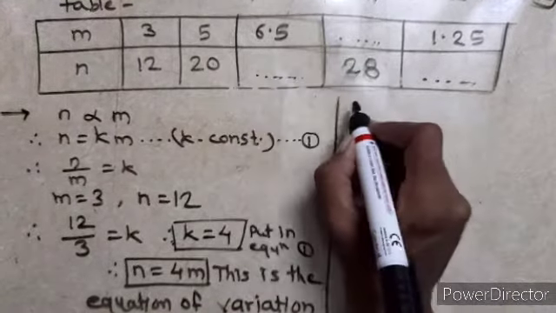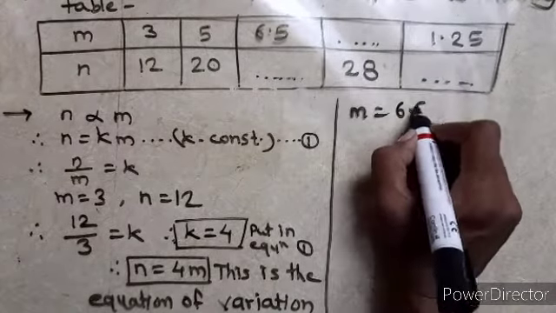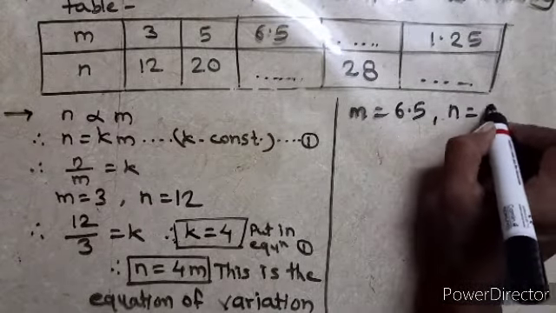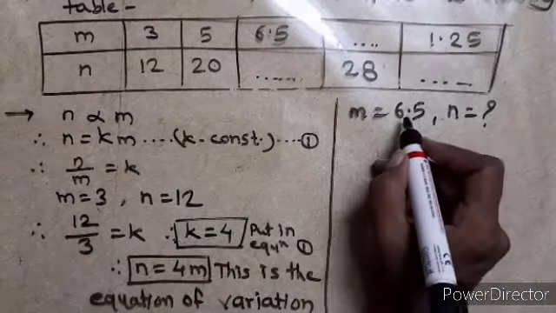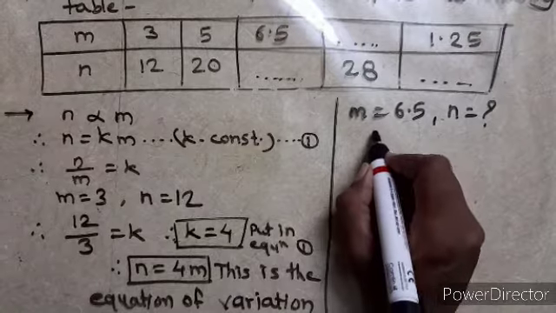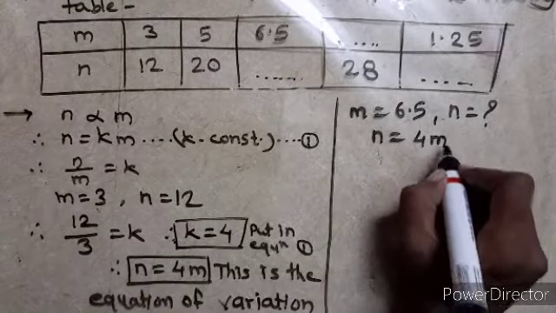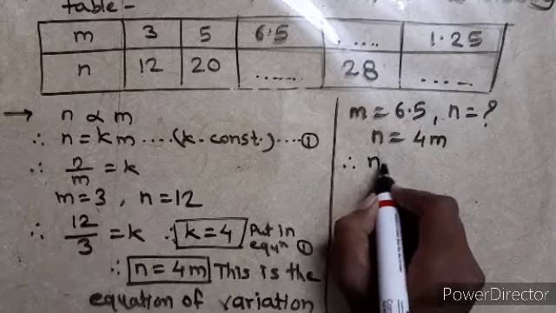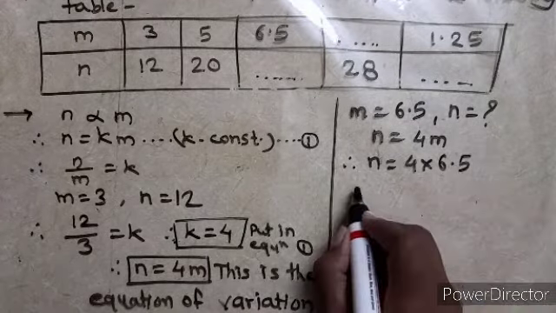So, when m is equal to 6.5, we have to calculate n. So put this value in this equation. The equation of variation is n is equal to 4m, and therefore n is equal to 4 multiplied by 6.5.